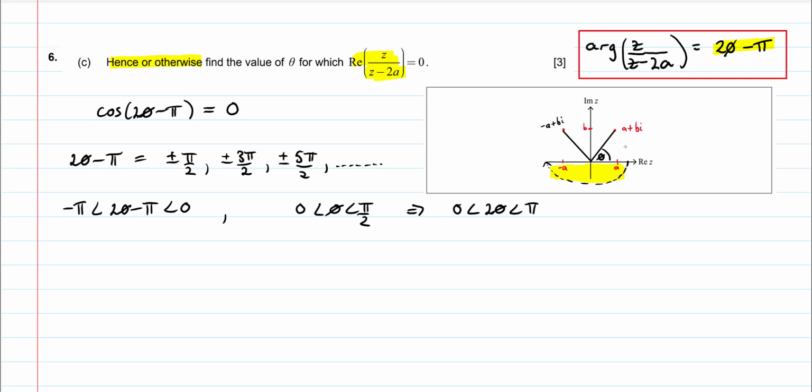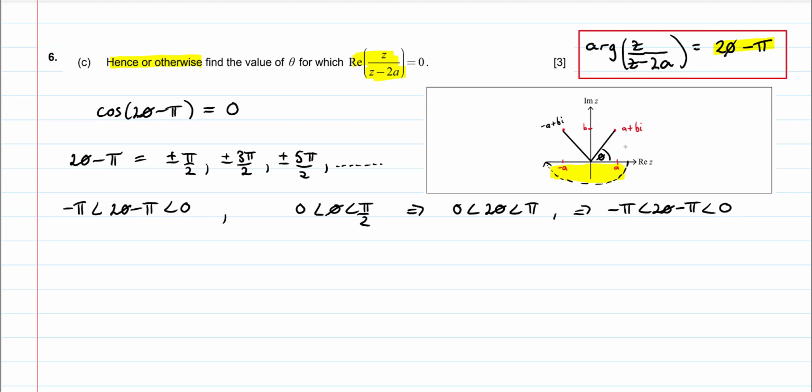Then subtracting pi from everything implies negative pi is less than 2 theta minus pi, which is less than 0.